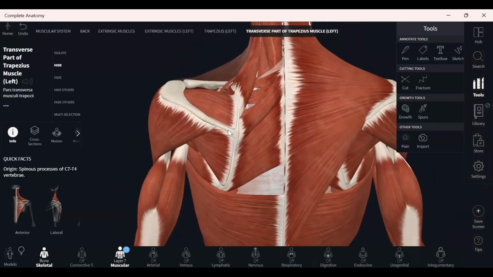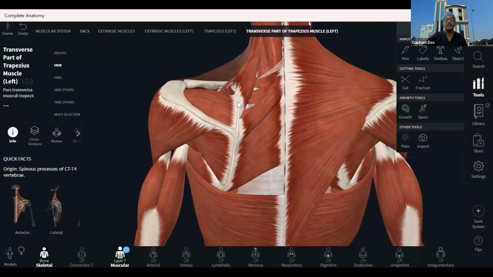Now at the level of the spine of the scapula, below the trapezius, this muscle is your rhomboideus minor. Very good. Above the spine of the scapula, below the trapezius, the muscle is your levator. Below the spine of the scapula, below the trapezius is your rhomboid major.